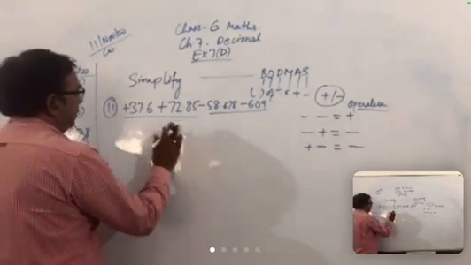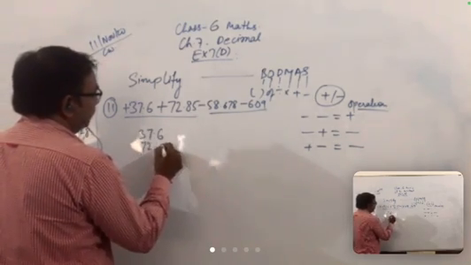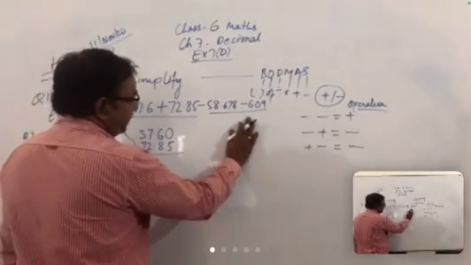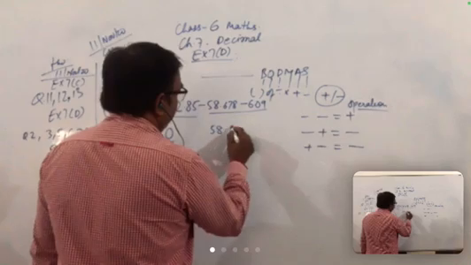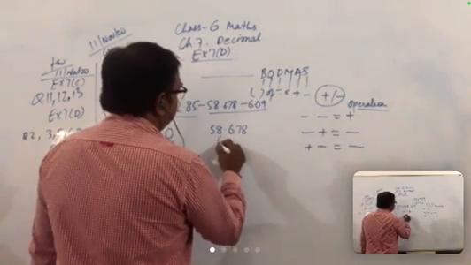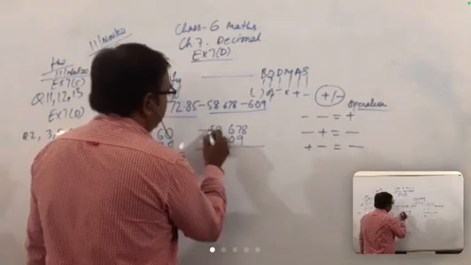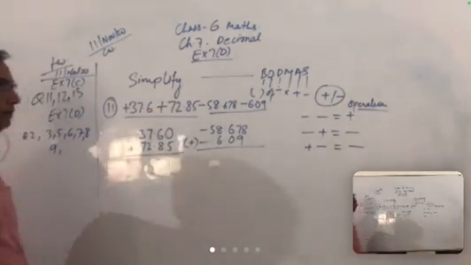This is the plus numbers, so we add them separately like this, and we know that minus minus is plus, so we add the minus numbers separately like this. Or you can write minus and the operation is plus.